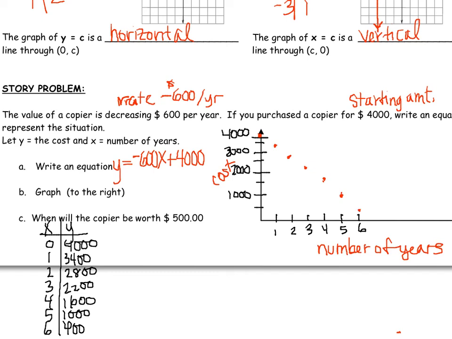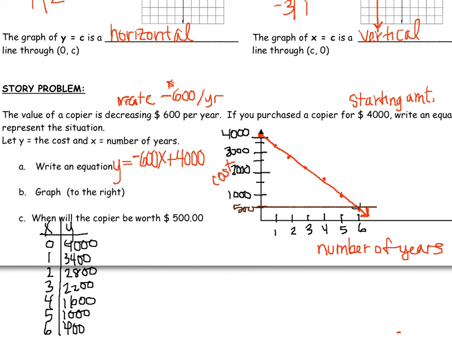And we know that it doesn't just jump in value all of a sudden. It is continuously going down. So I'm going to draw a line through here. Draw an arrow because it'll keep decreasing. Now the last part says, when will the copier be worth $500? So I'm going to estimate it first by drawing a line in here. So 500 is right about here. If I draw a line straight across, that's pretty straight.